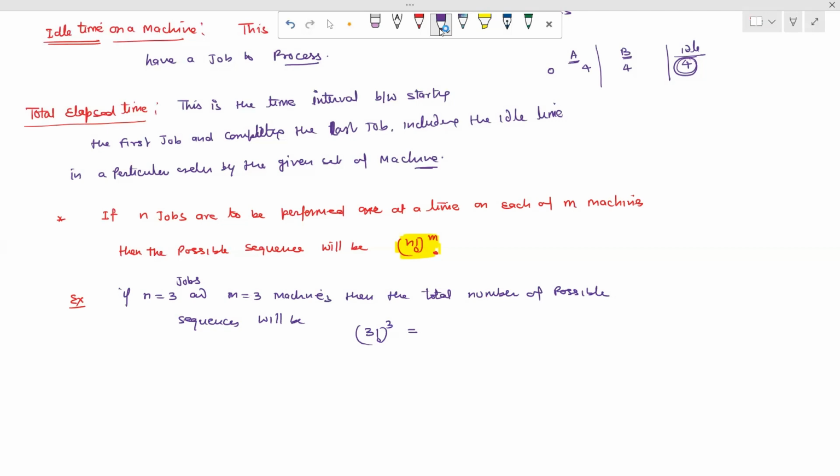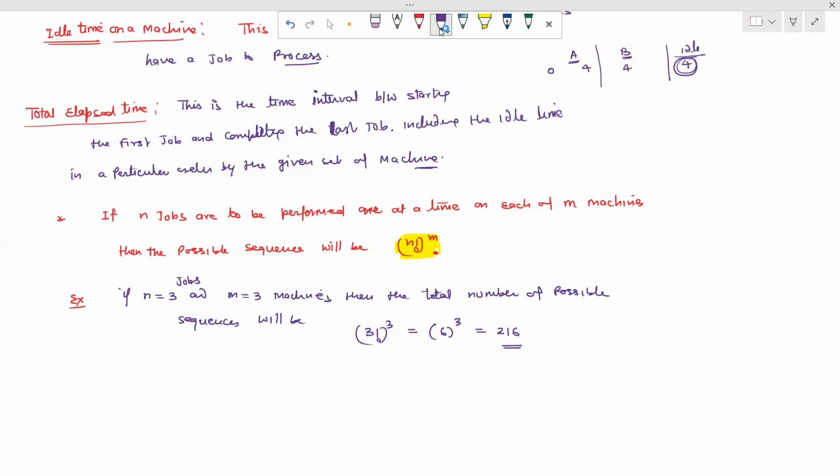The factorial of 3 is 6, and 6 raised to the power 3 is 6 times 6 is 36, 36 times 6 is 216. So there are 216 possible sequences.